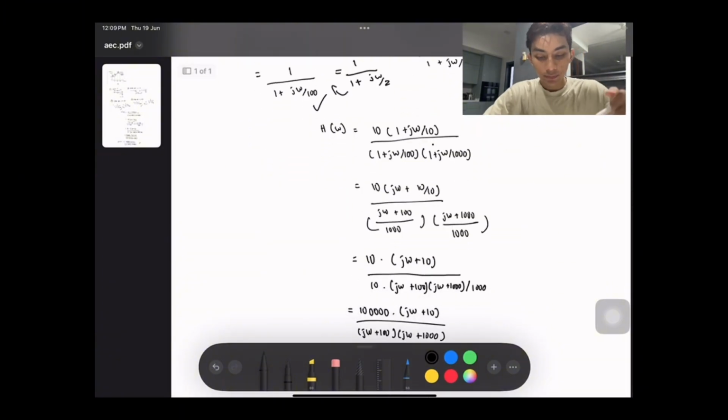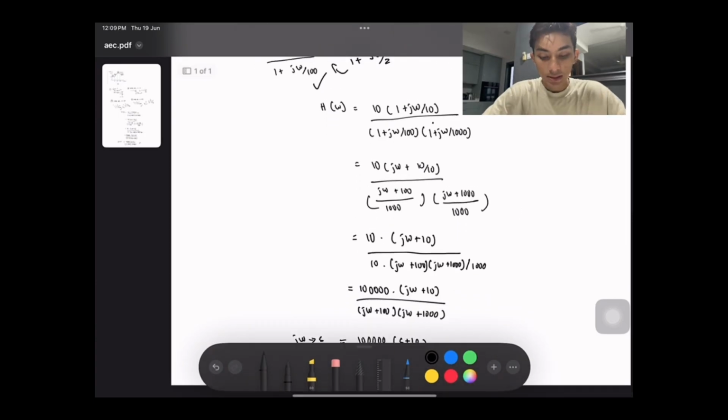So we have to simplify all of this, and lastly we got the value 100,000 times in bracket j omega plus 10 over in bracket j omega plus 100 in bracket j omega plus 1000.